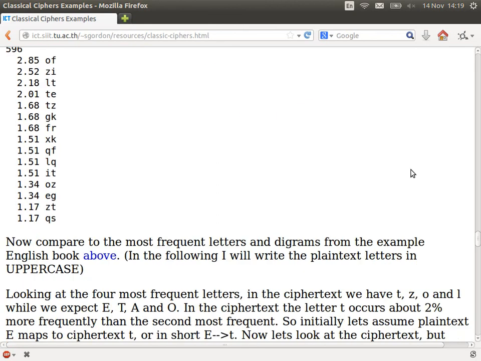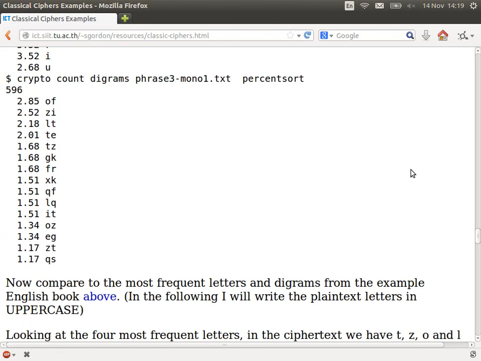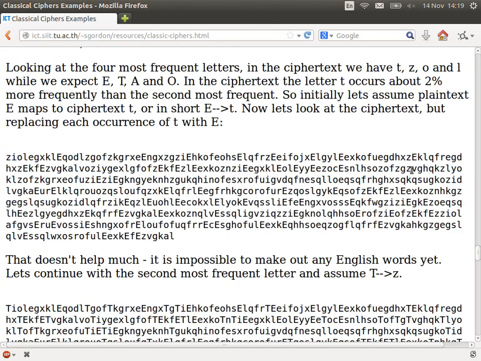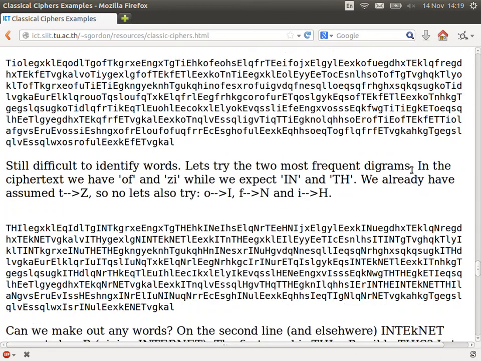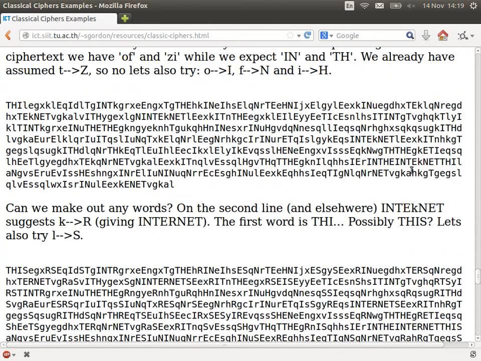And I go through some steps of trying both with letters and digrams. And then I start filling in by changing them to uppercase to represent the plaintext value and trying different combinations. And after a few steps, it's not so easy to see, you start to see patterns, possible words.